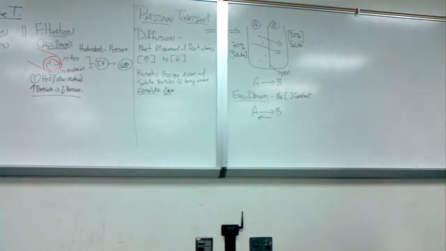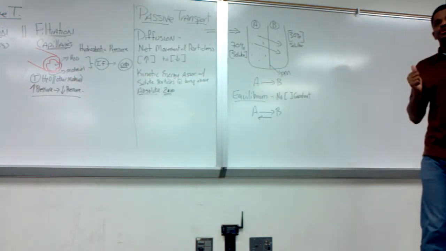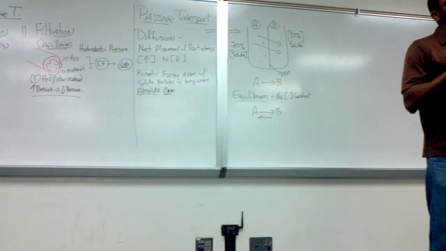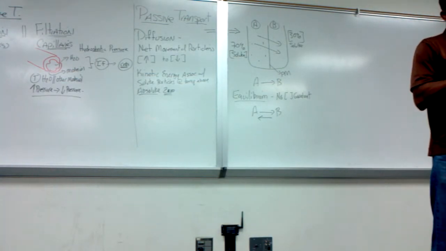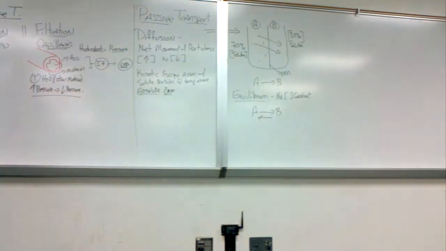We want to point out, rarely do we achieve equilibrium for a particular solid across the plasma membrane of a cell. Rarely do we achieve equilibrium for a solid across the plasma membrane of a cell. And why is that?